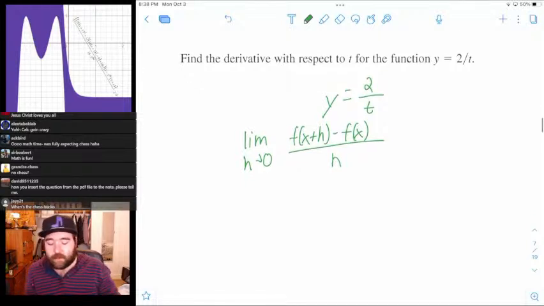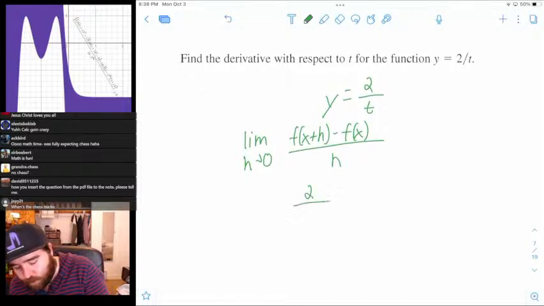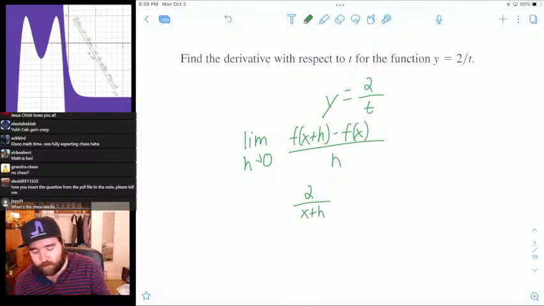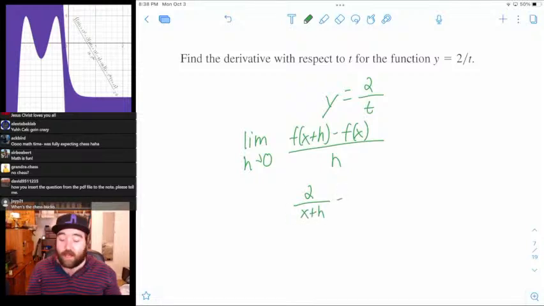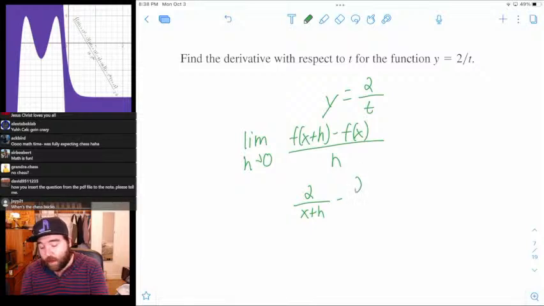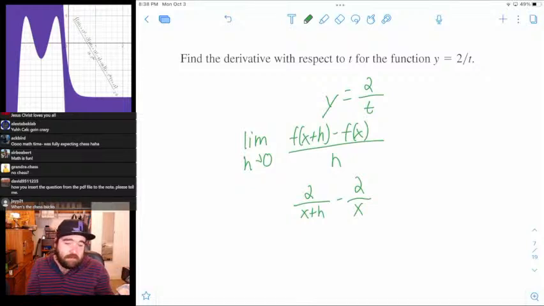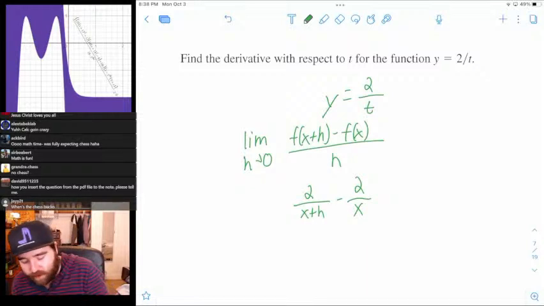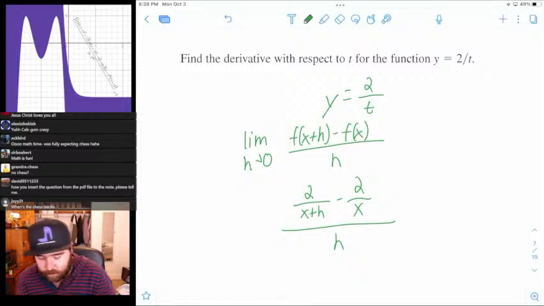So f of x plus h, 2 over x plus h, minus f of x. I'm going to go ahead and do it in terms of x. Just know that we're doing x. It's supposed to be t, but the variable you use doesn't really matter. So 2 over x plus h minus 2 over x, all over h.